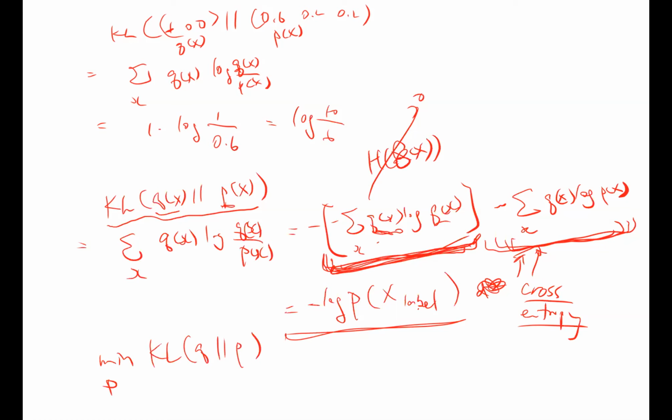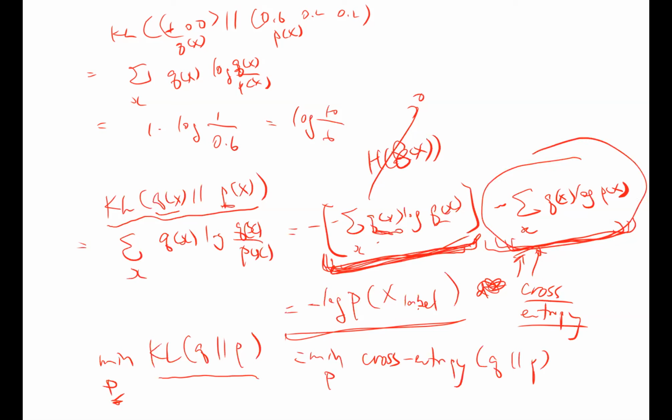You have no control over that. The only thing you can control is modifying your system such that P will change, so therefore this will decrease. And this will be the same as comparing the cross-entropy of Q and P.